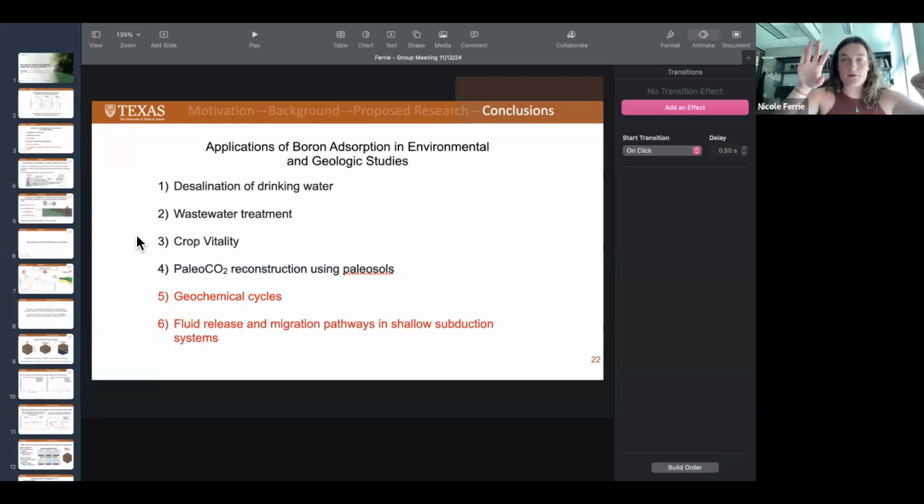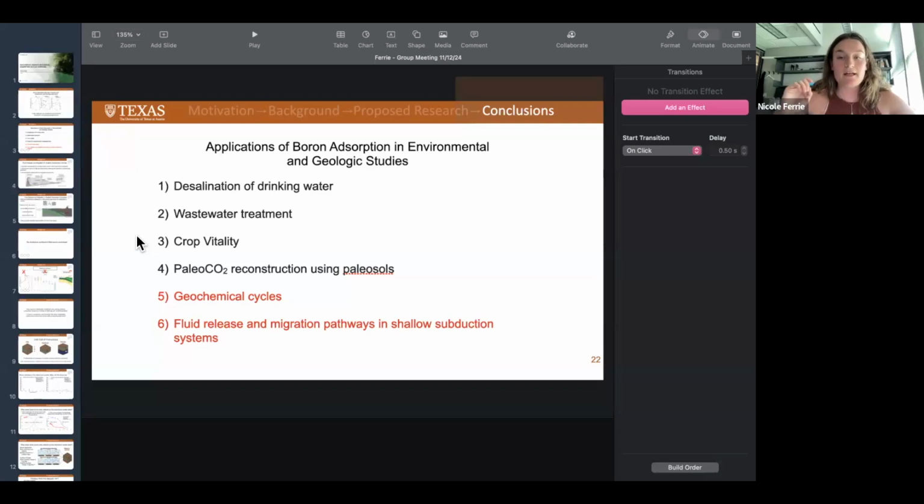Carbonates, which are forming in the soil, track that concentration, and then those soils are buried, become a paleosol. Then you can pull out the carbonate, do some tests on it, and then say, oh, I know that there was this much ppm in the soil.